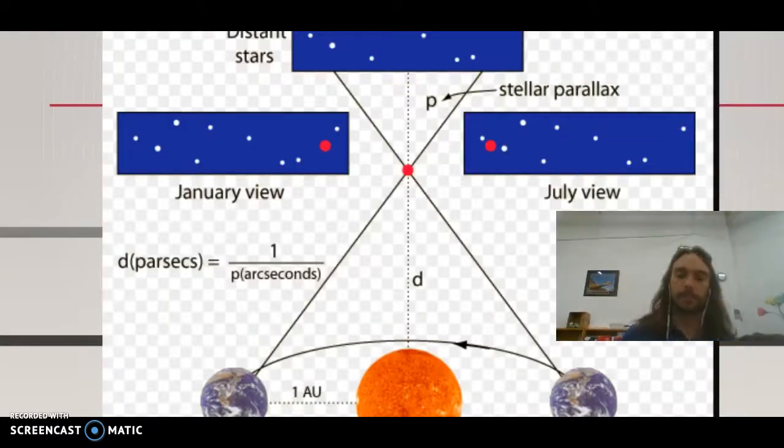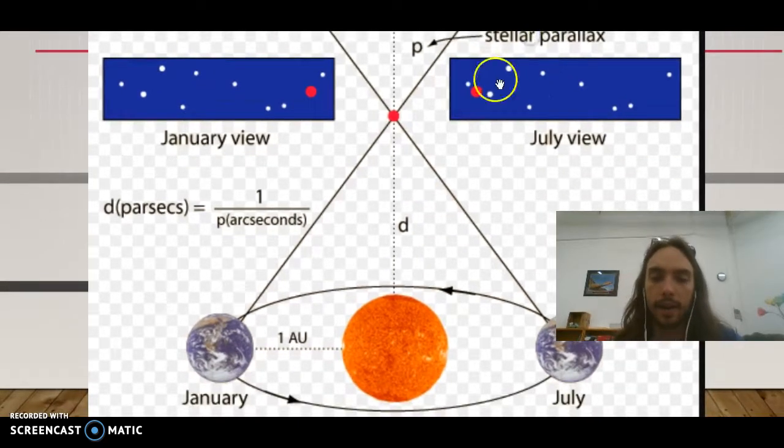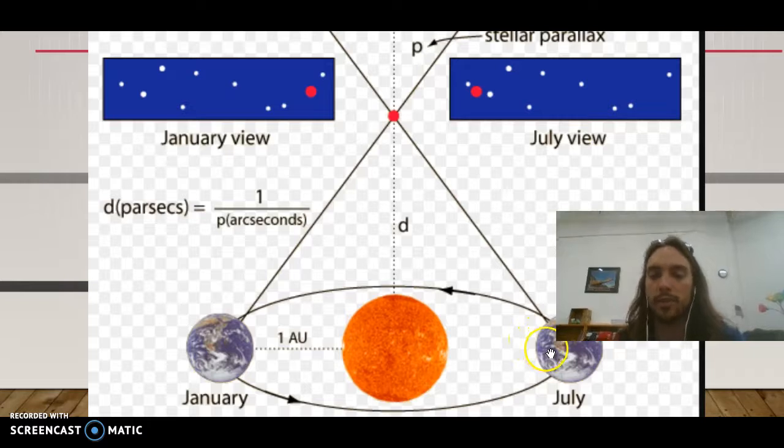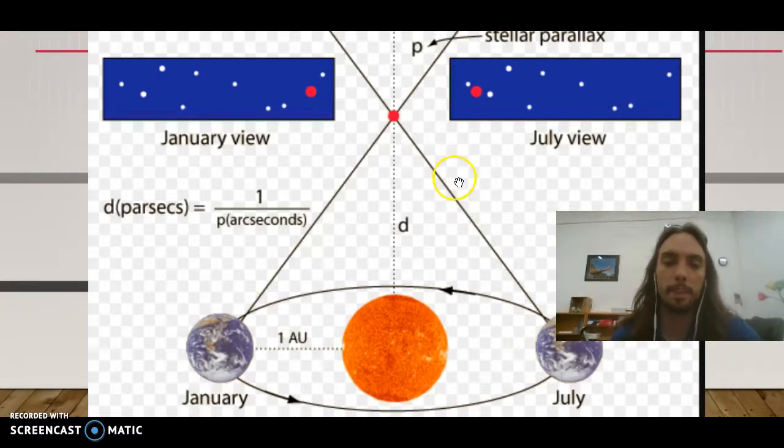So essentially, the Earth spins around the Sun. And what we do is we look at stars. And so when we're observing stars in the night sky, and as the Earth spins from season to season, we see the stars move.